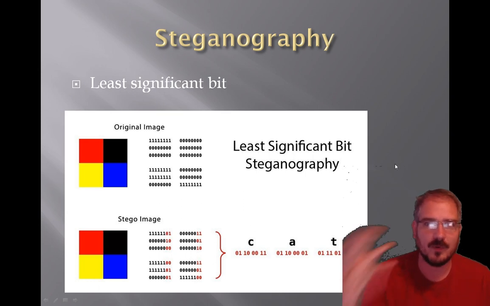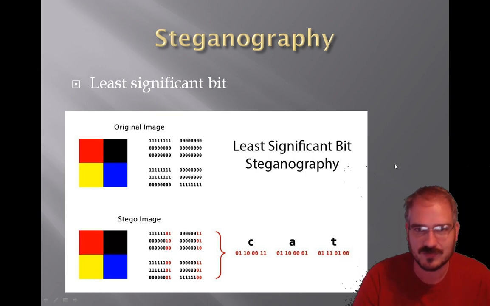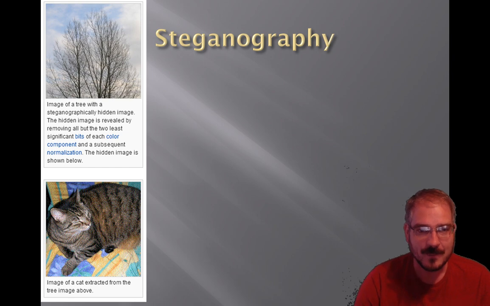So now blow it up to a picture with 1 million pixels or 10 million pixels or 100 million pixels, and we can hide a lot of data within that many pixels without changing the image in any significant way. So here's an example of that. This image of a tree has a steganographically hidden image within it, okay?